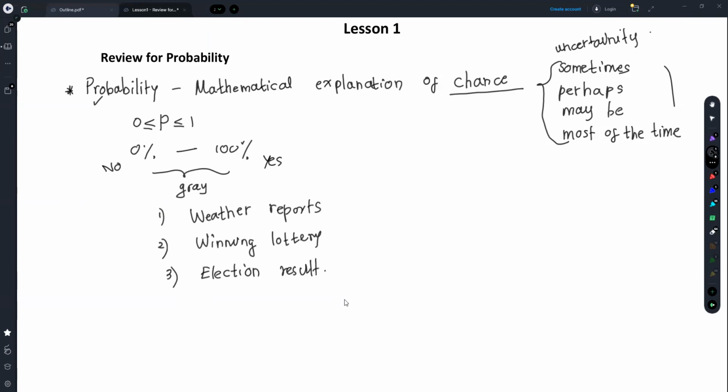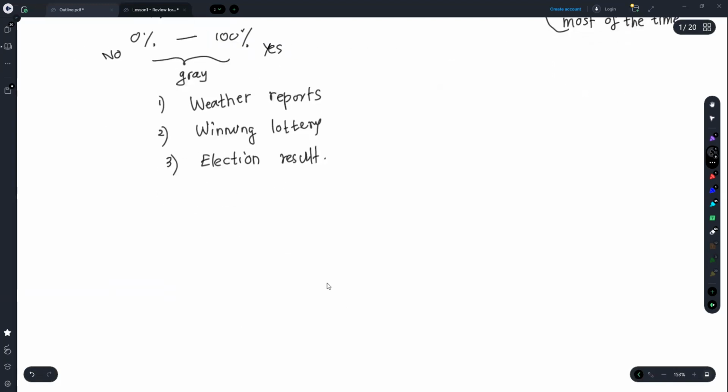You give the percentages and all those things. What is the probability that this party will win the next election, or lose in the next election? So likewise, you can predict things and you can use probability to do that, right? And when you talk about probability, you can't forget the next term, random experiments.